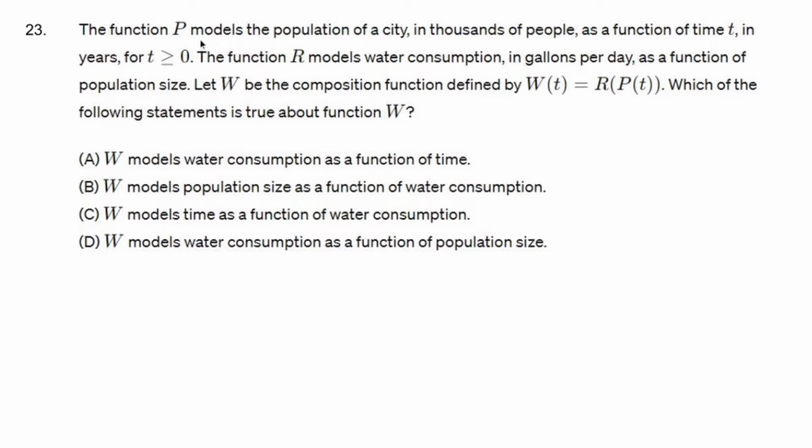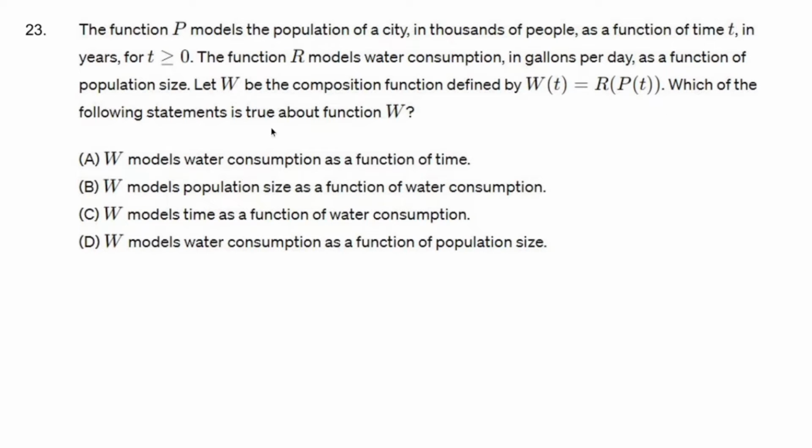The function p models the population of a city in thousands of people as a function of time t, in years. t's got to be positive because, real life. The function r models water consumption in gallons per day as a function of population size. Let w be the composition function defined by w of t equals r of p of t.